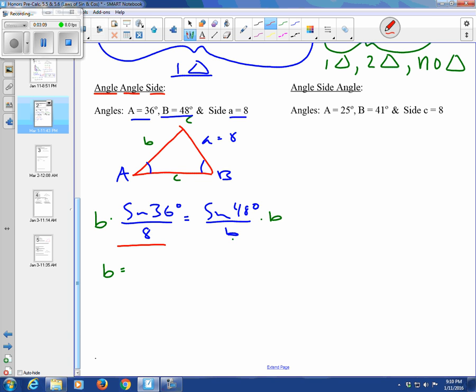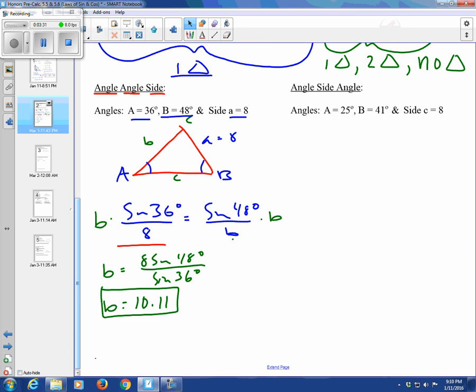When we do that, b is equal to 8 sine of 48 degrees over sine of 36 degrees. And that gives us side b as 10.11. So we've got side b as a length of 10.11 of some unit. We're not specifying the unit here.